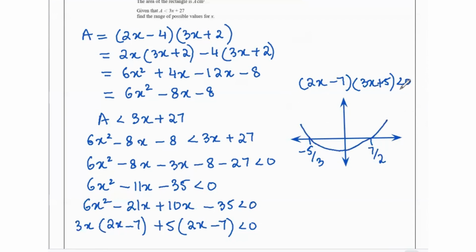The inequality is less than 0, like the previous question, which means we look at the behavior of the x-intercepts below the x-axis where y is less than 0. So just like that question, values of x at x equals negative 5 over 3 are increasing, and over here they're decreasing.